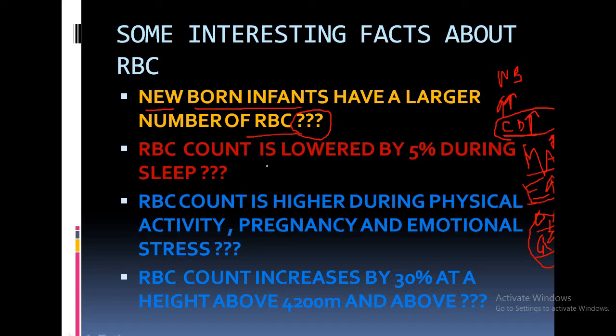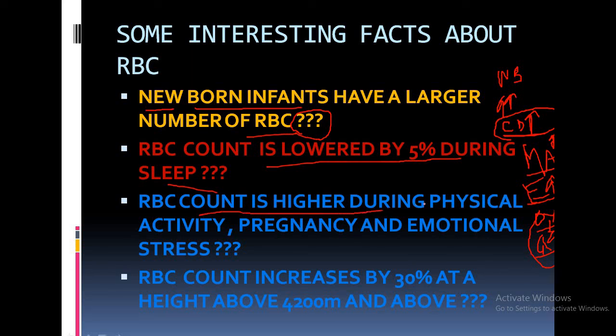The RBC count is lowered by 5% during sleep. When you are sleeping, you are not performing any physical activities, so your muscles are at rest, especially the voluntary muscles. That is why such an amount of energy is not required, so the number of RBC is lower during sleep.